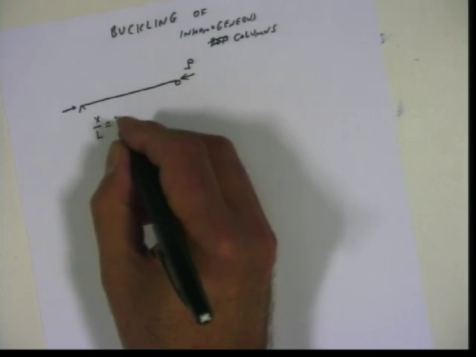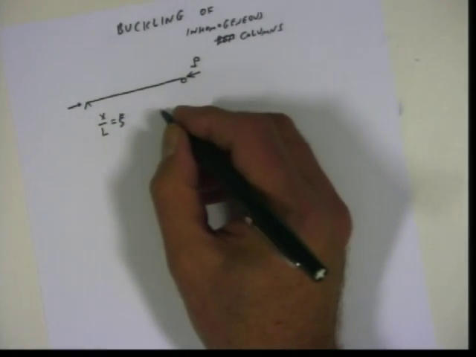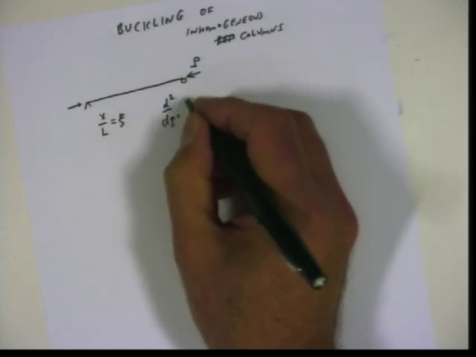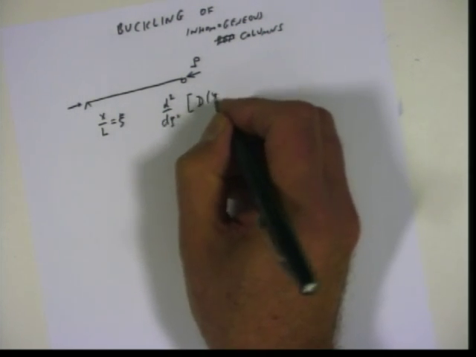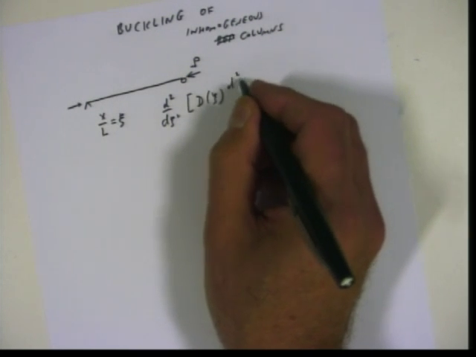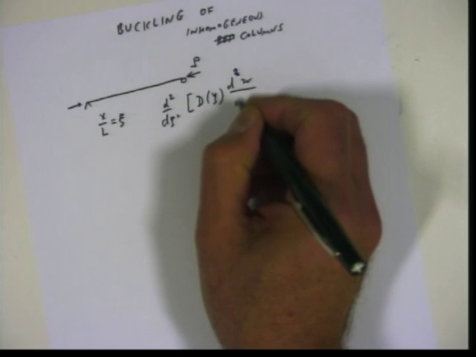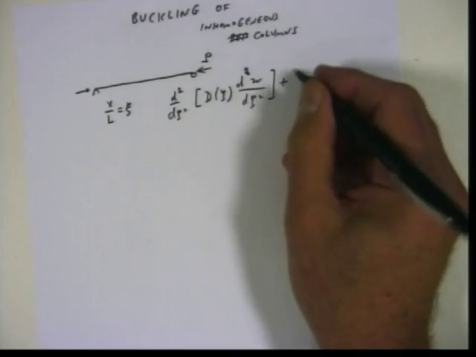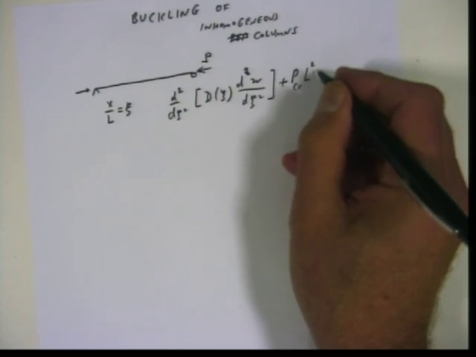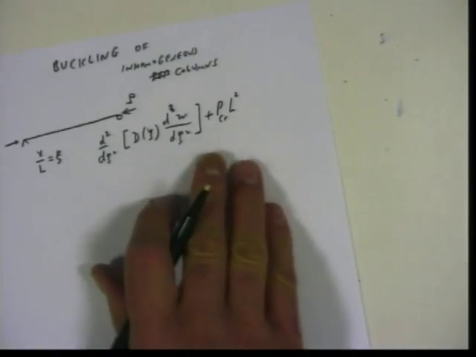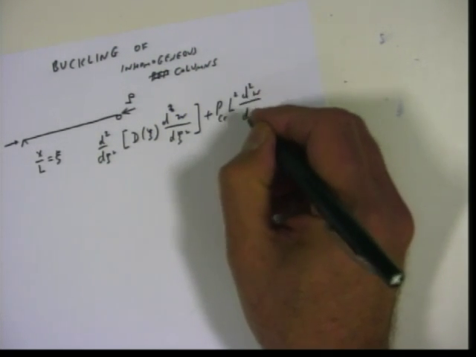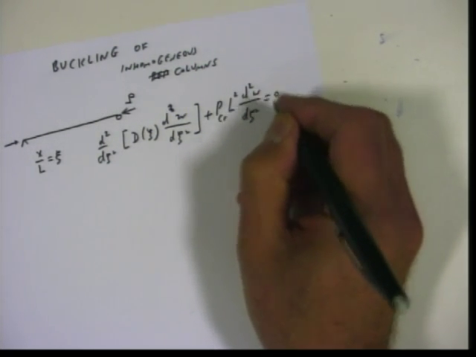X over L equals xi. Then we had d2 over d xi squared of D of xi, d2 w over d xi squared, plus P critical L squared d2 w over d xi squared.